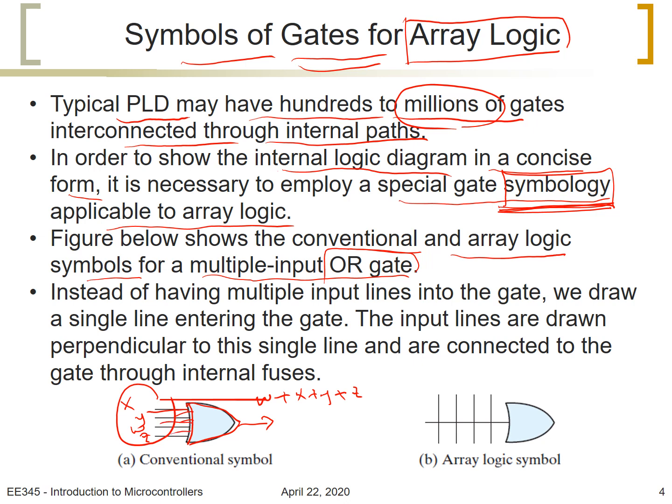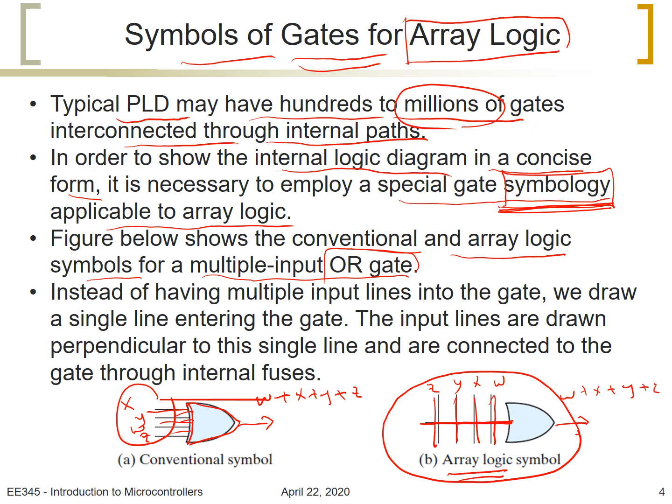What do we do in this case? We have one horizontal line here, and the variables or the quantities that are ORed together are put as vertical lines, and this will be W, X, Y, Z. So the output will be W or X or Y or Z. And this is what we use for the array logic in this chapter.